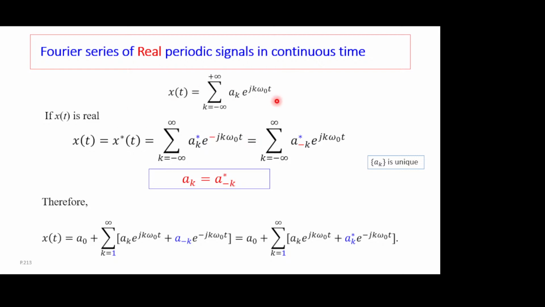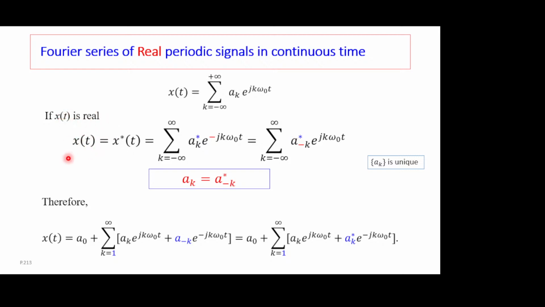Once again, our x of t is this summation of complex exponentials with coefficient a_k, and let's assume x of t is real and see what condition we can get.